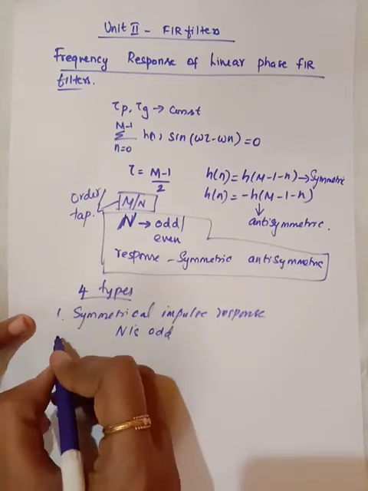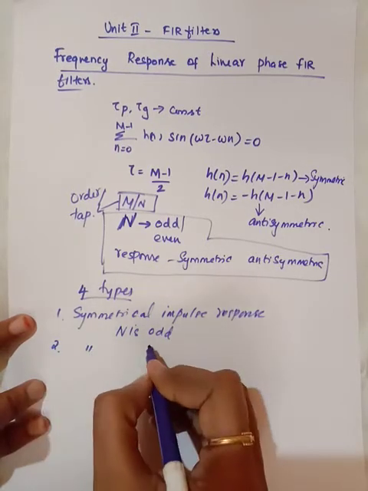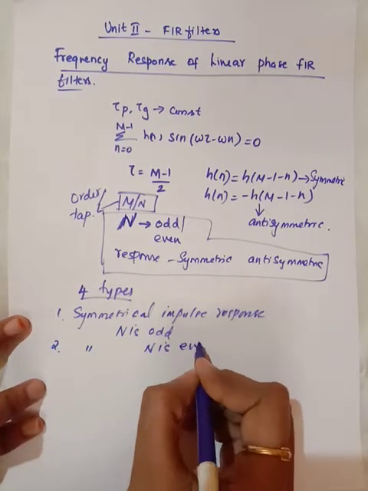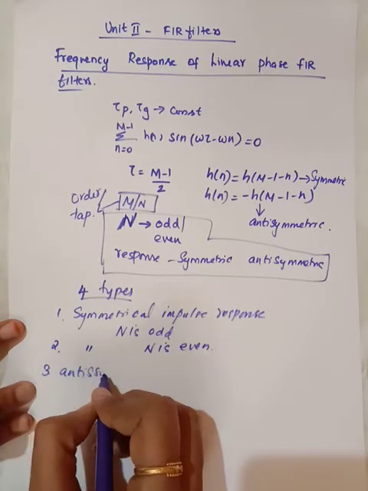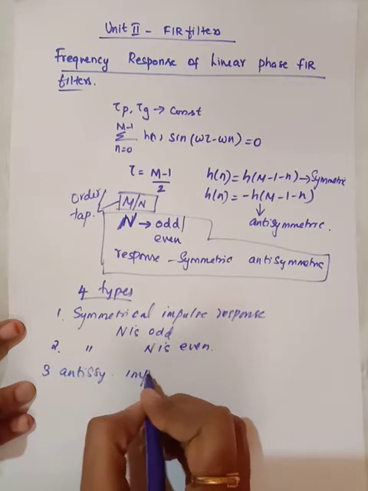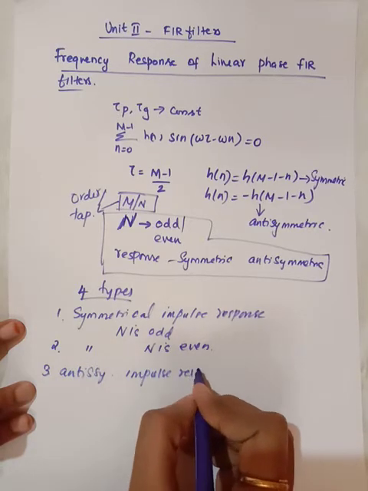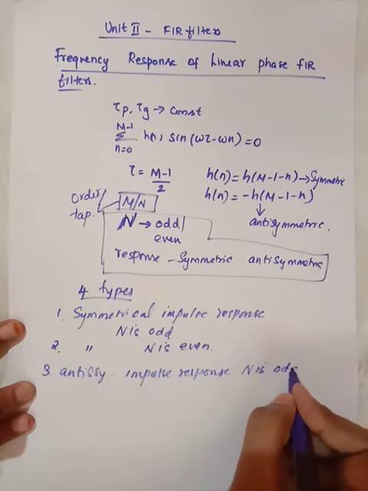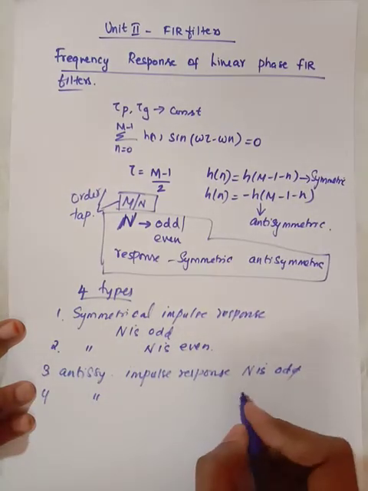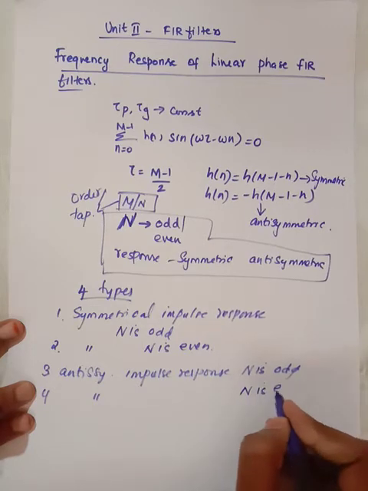Next, the symmetric impulse response when N is even. Third is the antisymmetric impulse response when N is odd. Fourth is the antisymmetric impulse response when N is even.